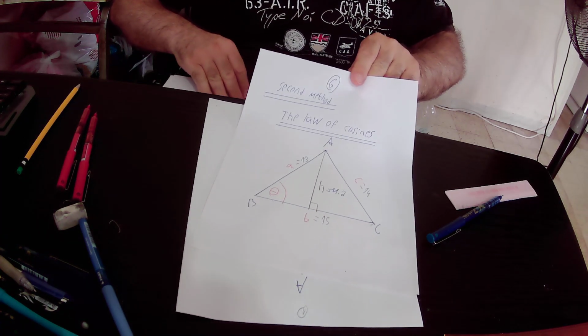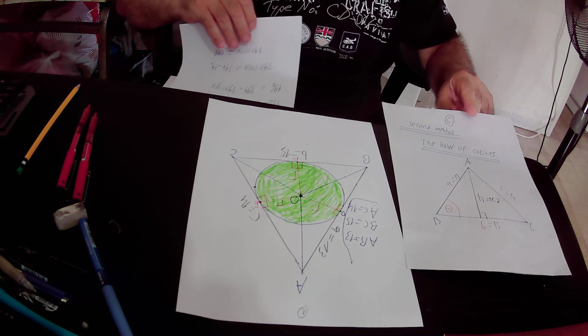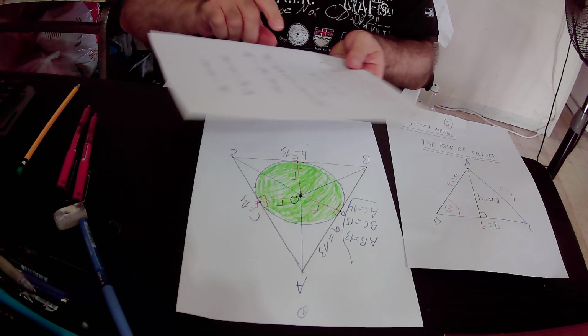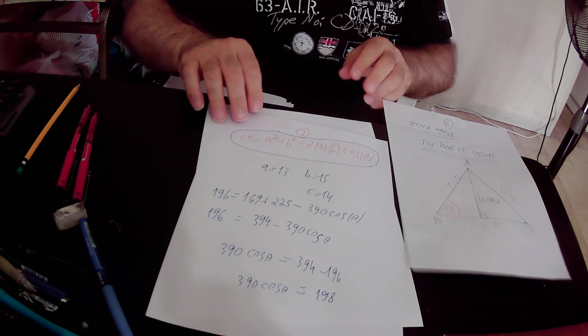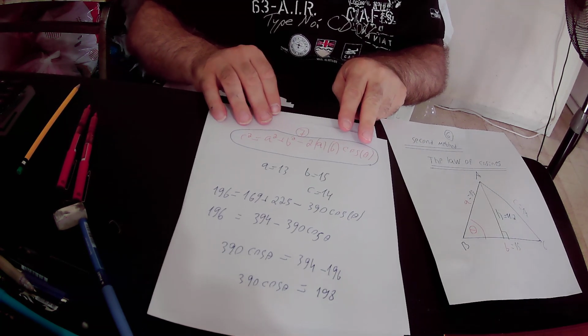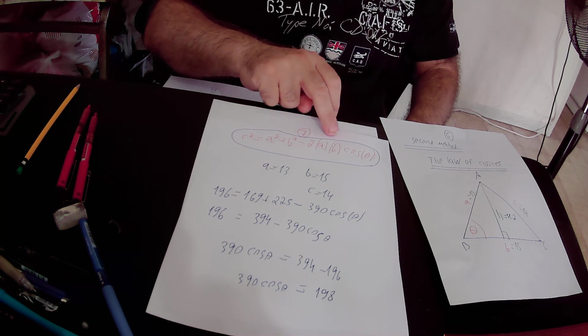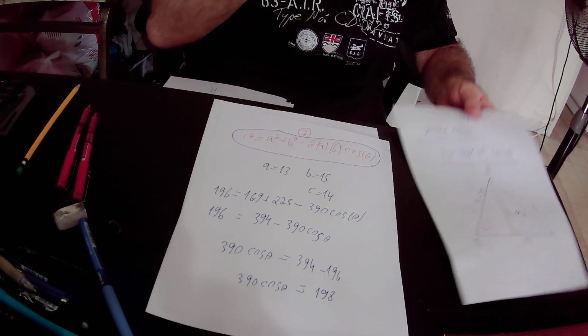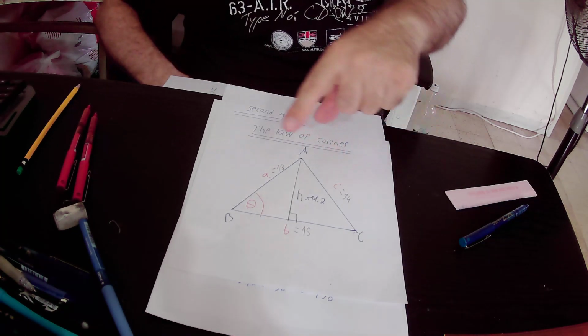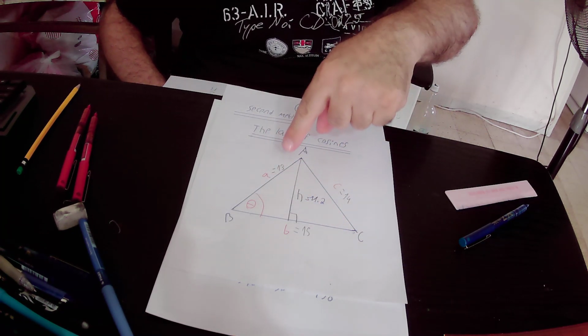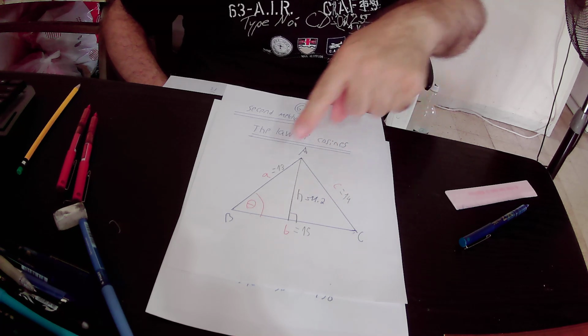Okay, so the law of cosines states that C square equals A square plus B square minus 2 times AB times cosine theta. Here C square equals A square plus B square minus 2 times A times B times cosine theta.